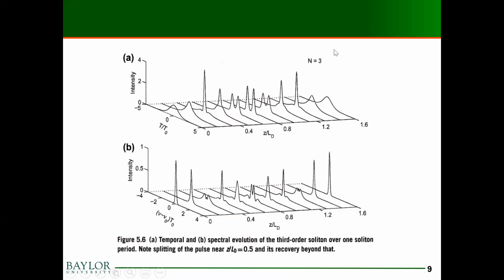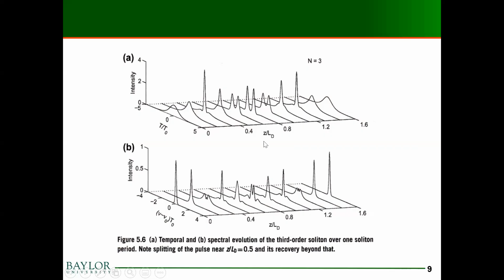But if you have n equal to 3, at the beginning nonlinearity plays a very important role, so it compresses the pulse. Once it compresses the pulse, you get a very broad spectrum. Once you have a broad spectrum, dispersion plays a more important role. It will make the pulse broaden in the time domain.